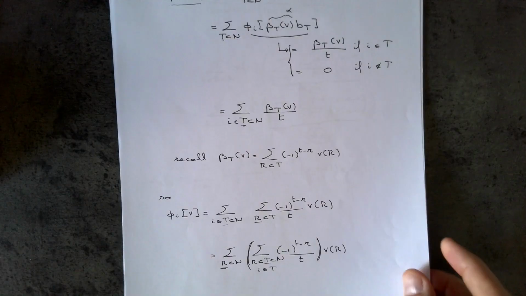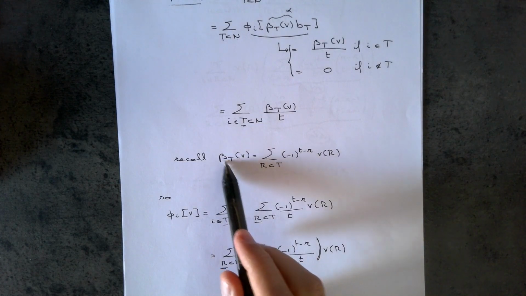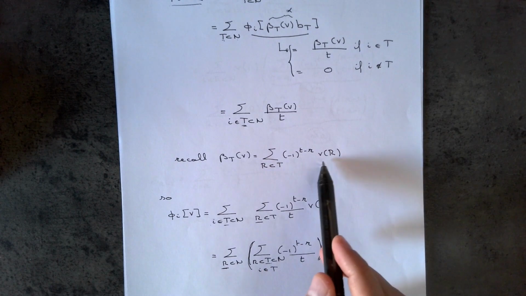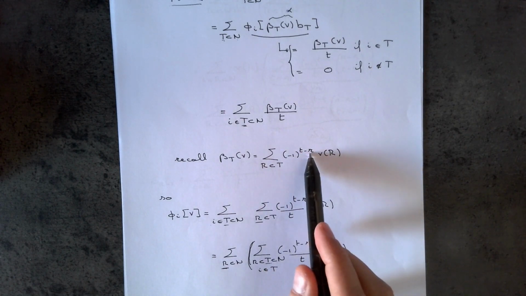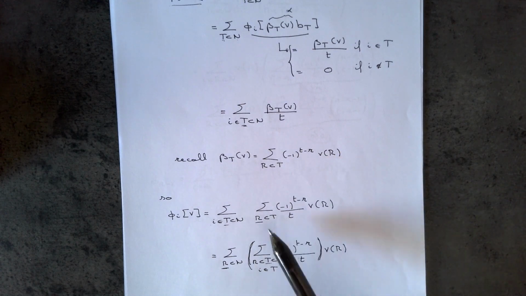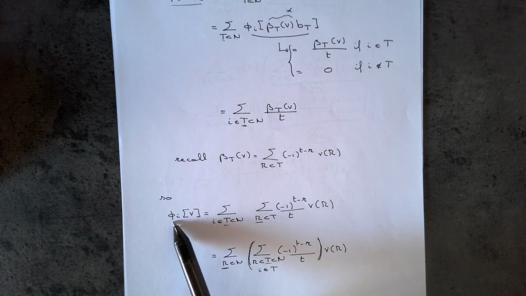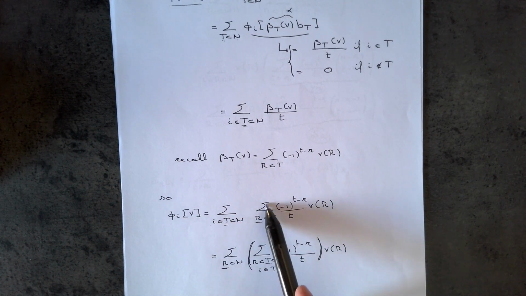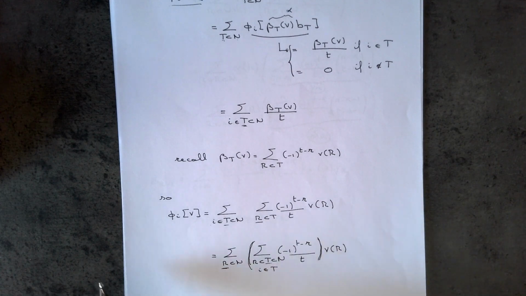We can simplify it a bit further, in the sense that we know that beta_T(v) can be written as the sum over all coalitions R subset of T of (-1)^(|T|-|R|) v(R). So we can simply plug it in here, and we obtain that phi_i(v) is the sum over all coalitions T that contain i and the sum over all coalitions R contained in T of (-1)^(|T|-|R|) divided by |T| of v(R).